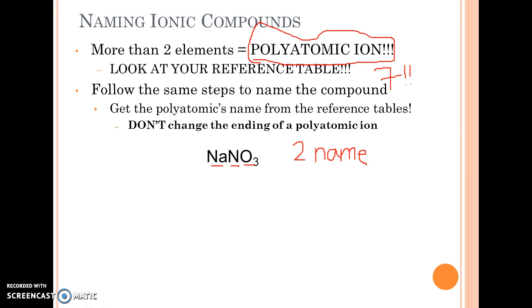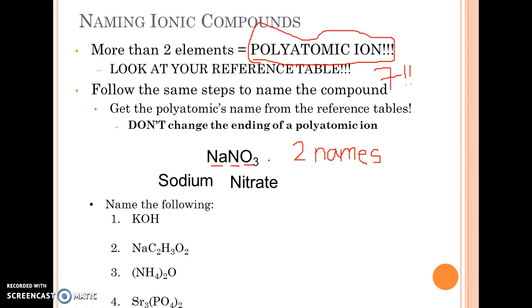So for example, we have Na, which is sodium, and then we're going to look in the reference table on page 7 and find NO3, which is nitrate. Again, you only have two words, sodium and nitrate. You should not write sodium nitrogen oxide. That's 3 words, and that's 1 word too many. So only 2 words.